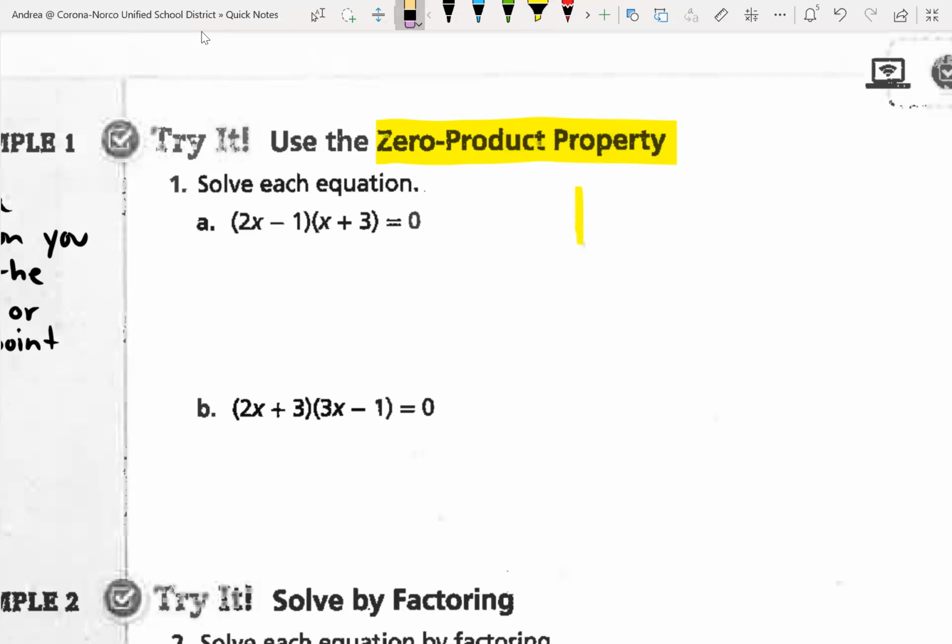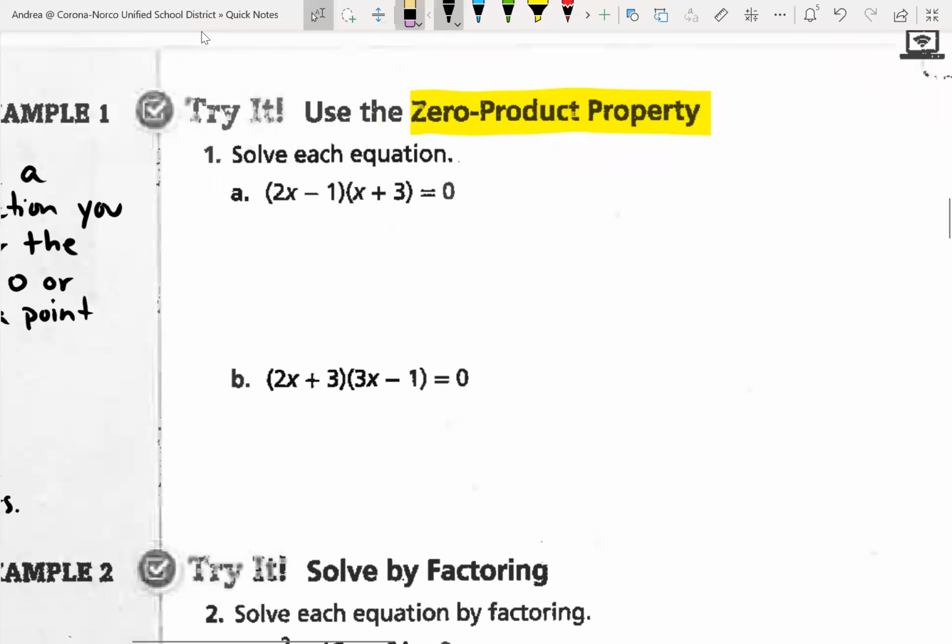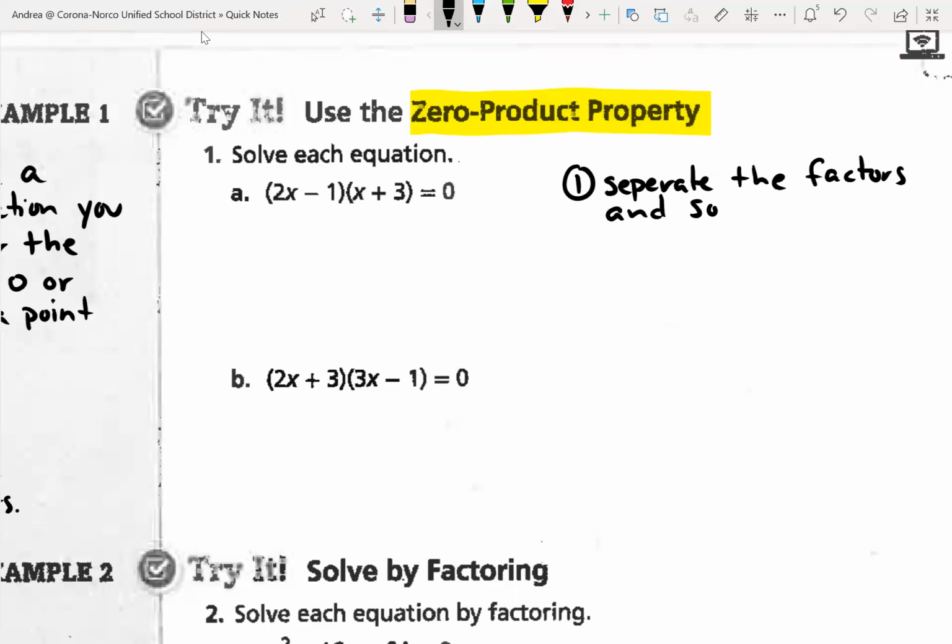Oopsie, we don't want a highlighter. Okay, so we're going to do 2x minus 1.